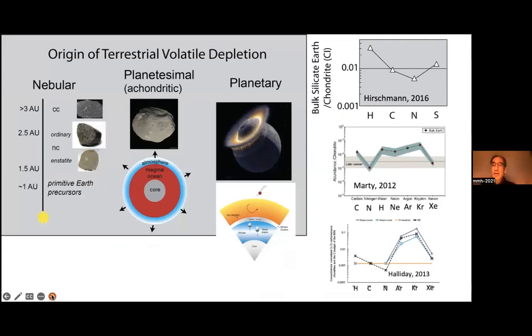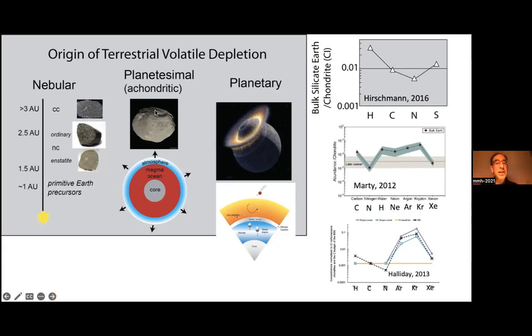So when we talk about the processing of volatiles and the loss of volatiles in planets, we can classify things in three different environments. We can think about nebular processing, the things that happen basically to the unaggregated dust particles, and how that might vary radially in a protoplanetary disk in the solar system.